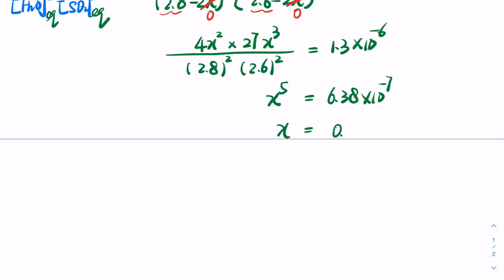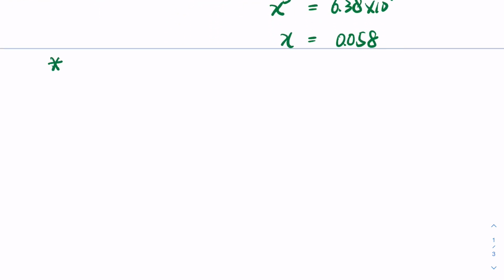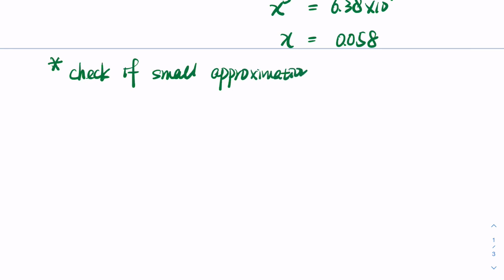Solving, x equals 0.058. That's the x value you just solved. Remember, you always need to double check that the small approximation is valid. To check this, you have 0.058 divided by the initial concentration 2.8, times 100.